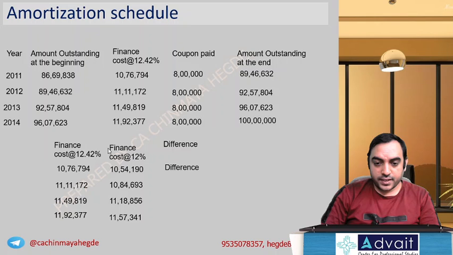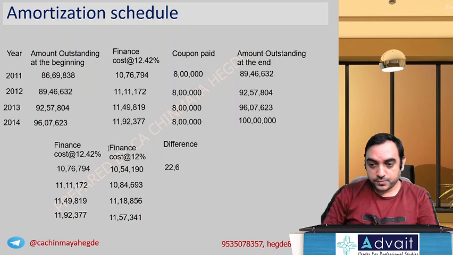10 lakh 76,794 minus 10 lakh 54,190 is 22,604. 11 lakh 11,172 minus 10 lakh 84,693 is 26,479. 11 lakh 49,819 minus 11 lakh 18,856 is 30,963.